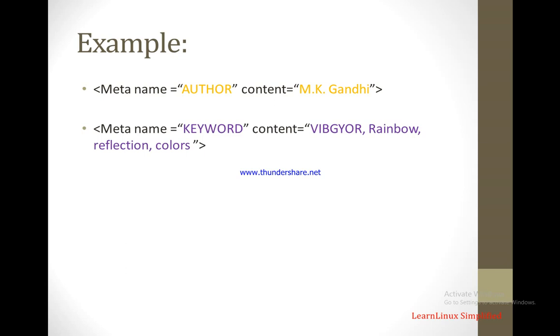Suppose I am using name is equal to keyword, then the content should be the keywords which are used in the page, like WebGyor, rainbow, reflection, color, etc. Third, meta name is equal to description. If I am using description, then the content will be the description about the web page. So here I have given the content about rainbow.